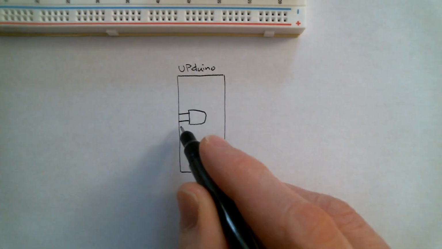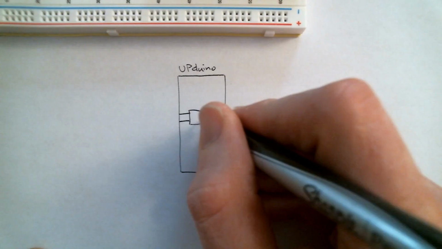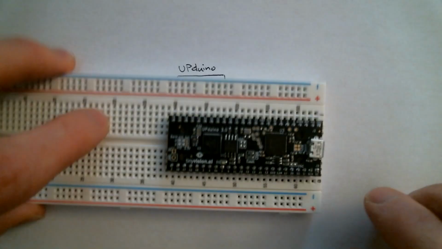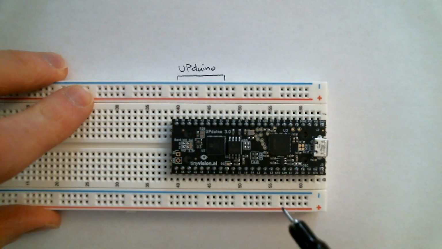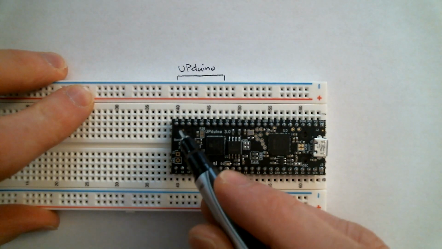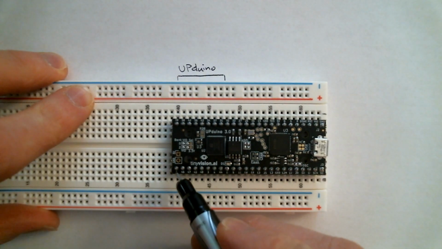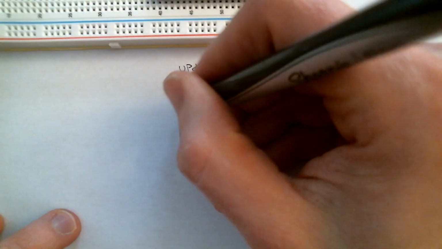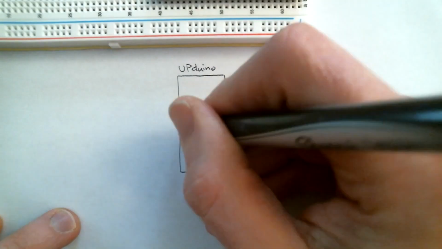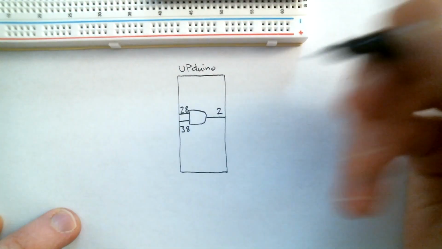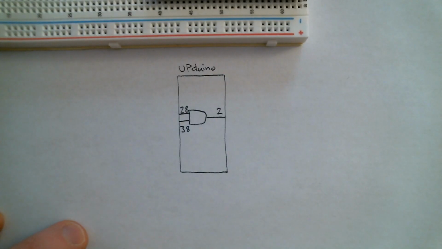And so we'll have two of those set up as inputs, and then one of them set up as an output. And we have to pick which particular ones we use. So maybe let's just use the ones here on the end. So 28 and 38 here will be our inputs, and 2 will be our output. 28 and 38 over here, and 2 will be our output there.